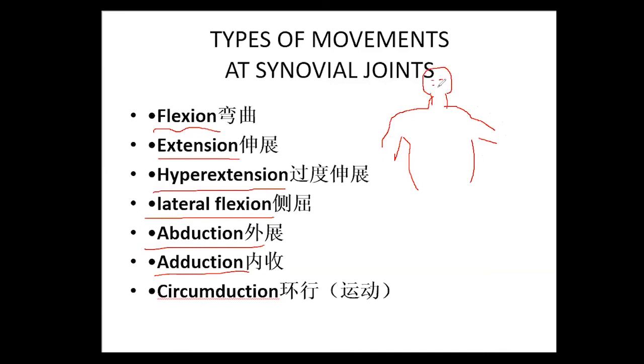Truly, the main problem is the shoulder here. So frozen shoulder is not only that the patient has pain in the shoulder, they will also have limited movement, especially for the shoulder.